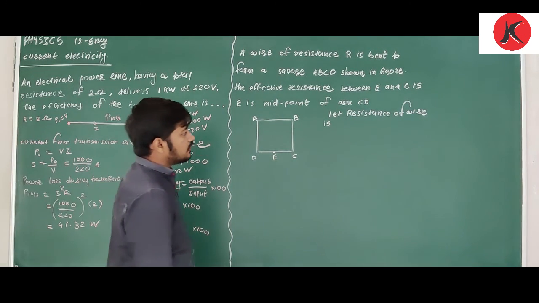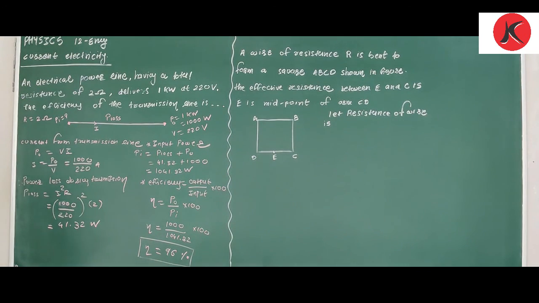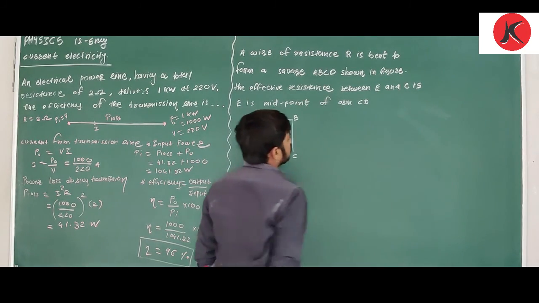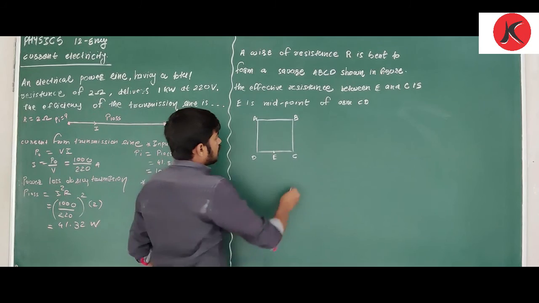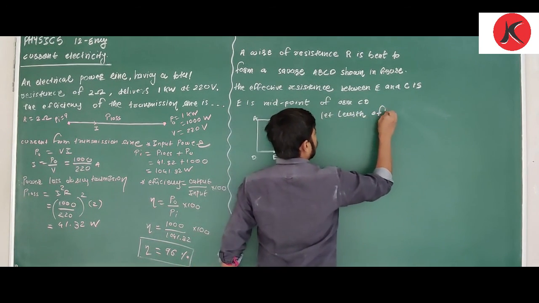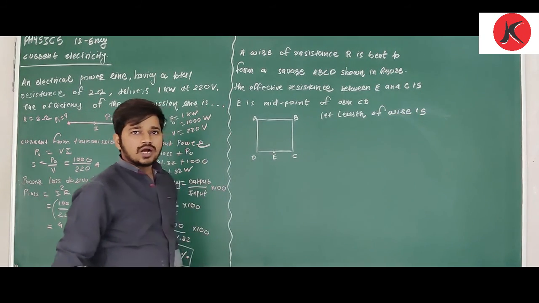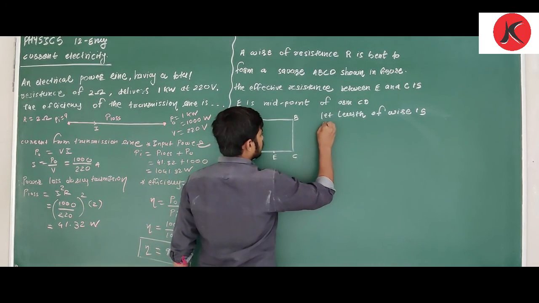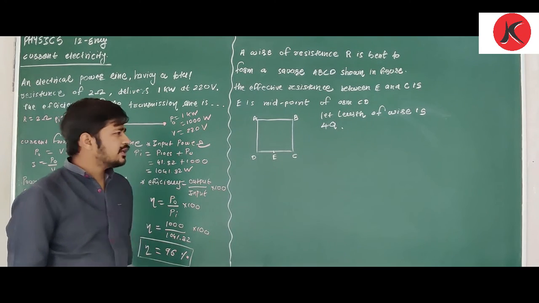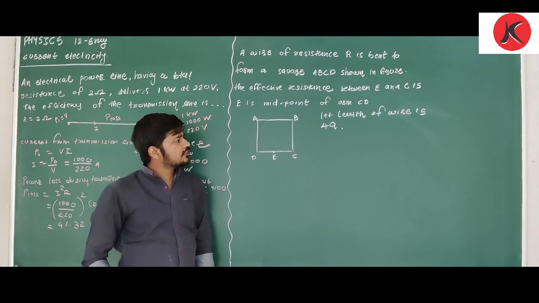I have to assume what the length of the wire is, because the resistance is given. So let the length of the wire be 4a. Why 4a? I will tell you. Let the length of the wire be 4a.